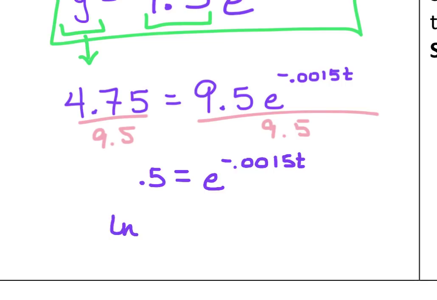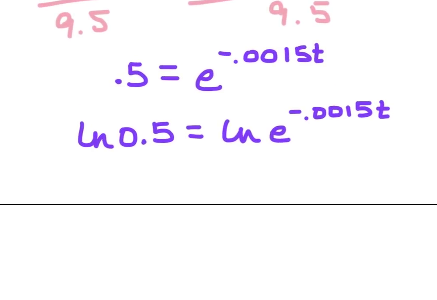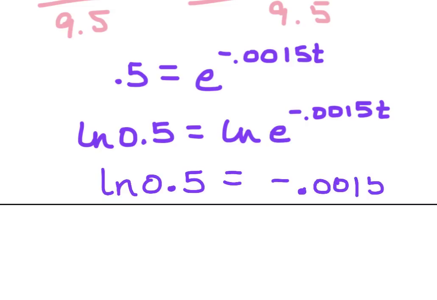So I have ln of 0.5 is equal to ln of e to the big ugly exponent. But because it's ln of e with an exponent, on the right I can just make it the exponent and get rid of the ln and the e. So here on the left I have ln of 0.5 is equal to negative 0.0015t.